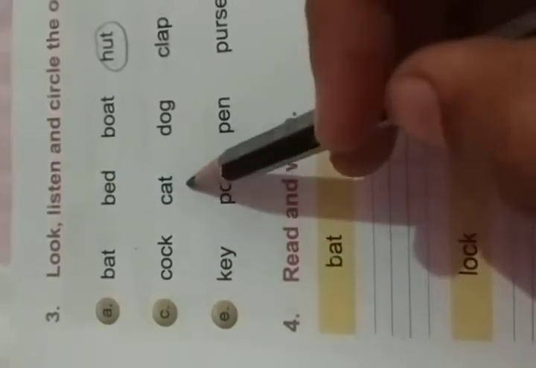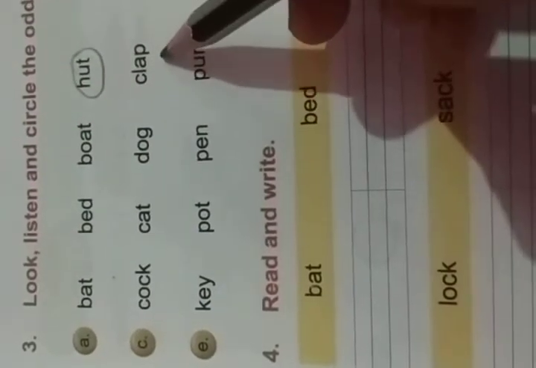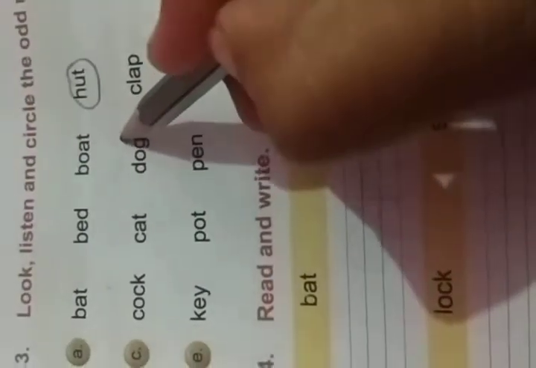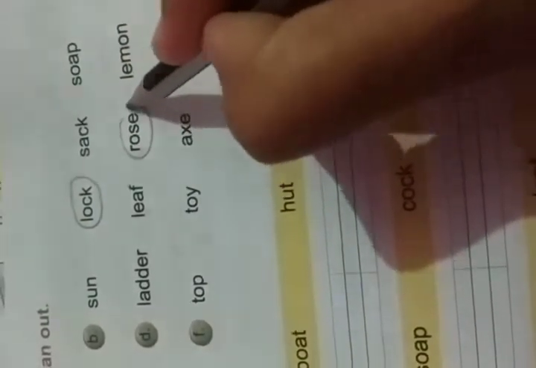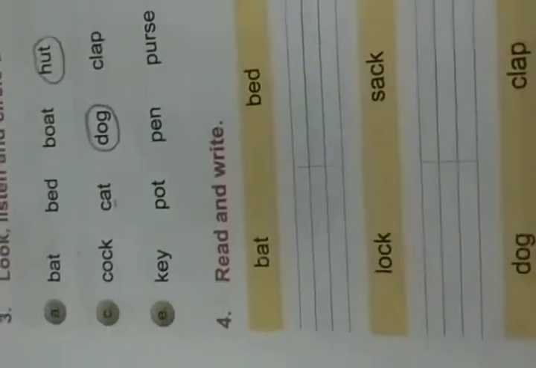Next see. C-O-C-K, cock. C-A-T, cat. D-O-G, dog. C-L-A-P, clap. Okay. Who is the odd man out here? Dog, because all words are starting with letter C. Now next, ladder, leaf, rose, lemon. Who is the odd man out here? Rose, because all are starting with L, only this word is starting with R. Then let's see.